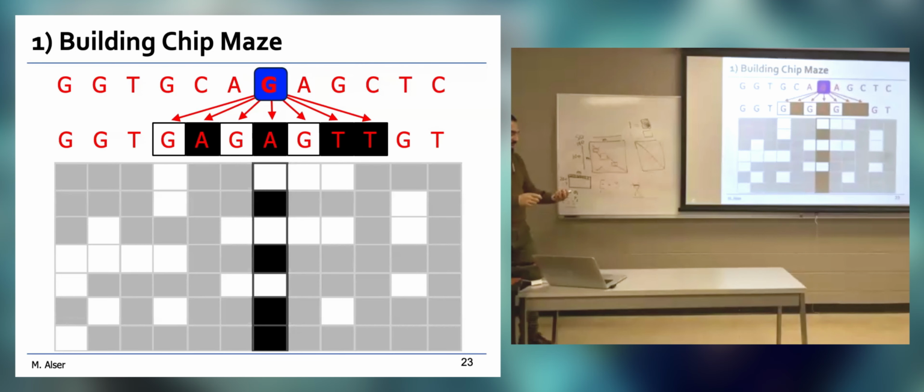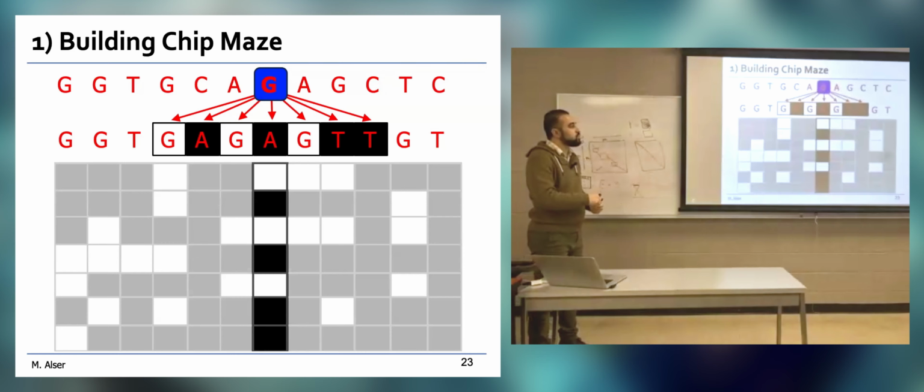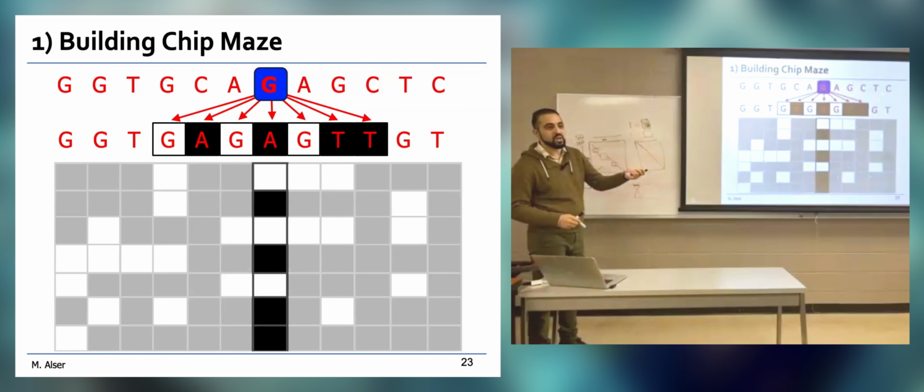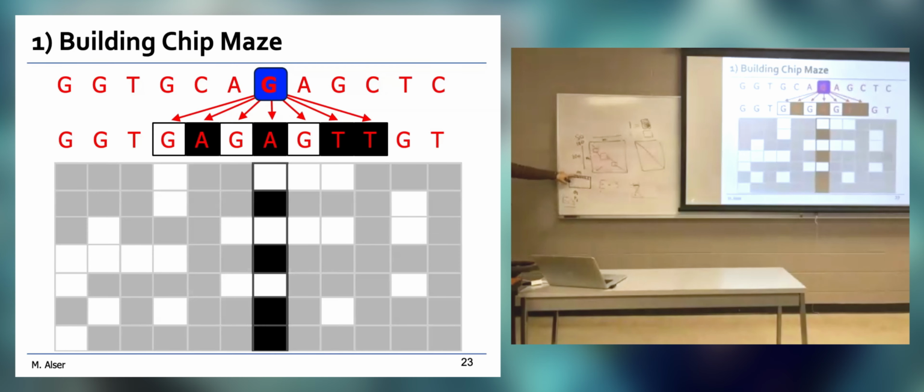Now the index of that column equals what? The index of that column equals the index of this character, okay? And the indices of all of those characters are equivalent to the indices of those columns. How many characters do we have in here? We should have that many columns, and that will be the M size in this chip maze, okay?